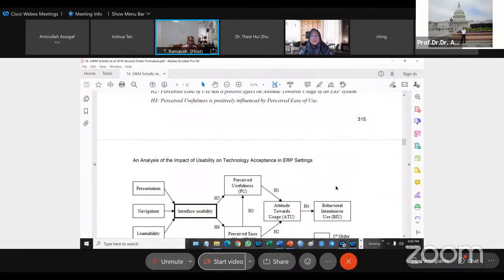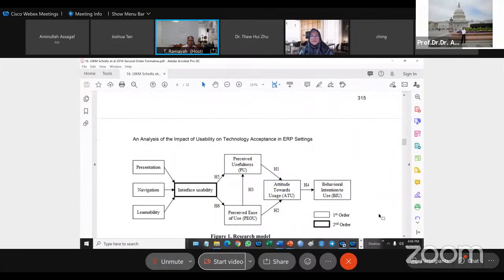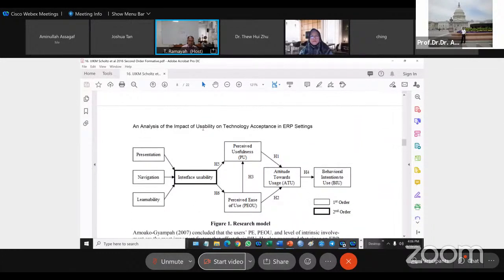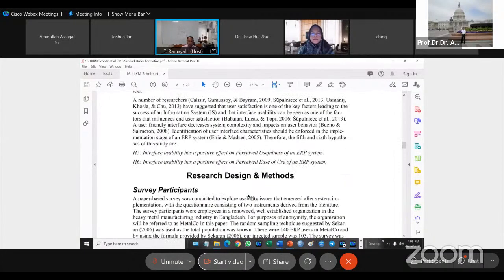But in this paper, we didn't do redundancy analysis. This is the second order, which is formative. So here is the second order, they are actually reflective formative. You can see the reporting is like this.